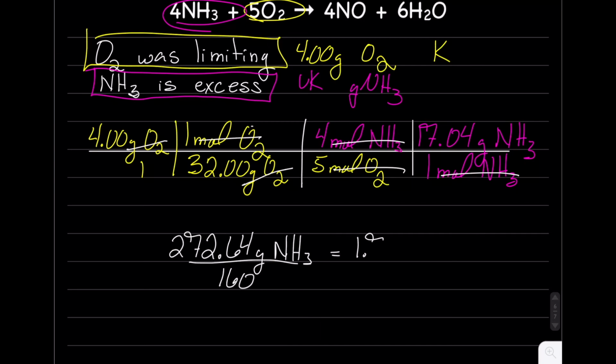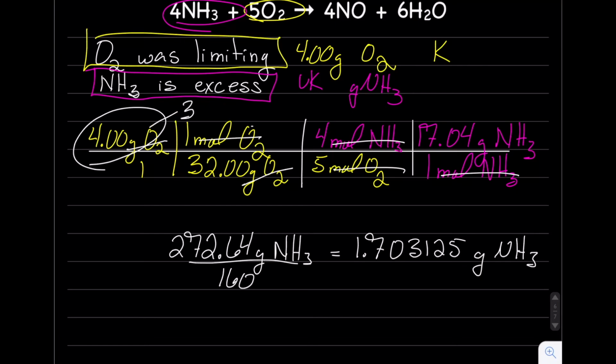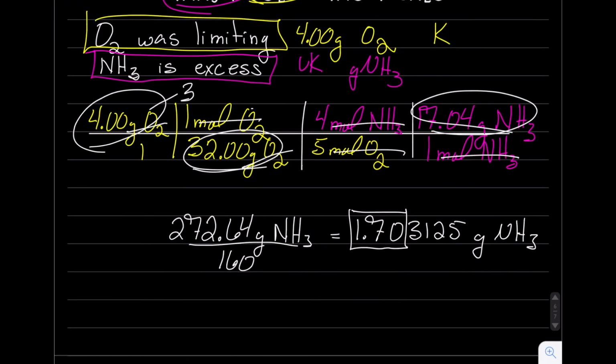Giving us 1.703125 grams NH3. And then, of course, sig figs. Our given has 3 sig figs. We also need to look at our masses. We have 4 and 4, so 3 sig figs. So that gives us 1.70 grams NH3.